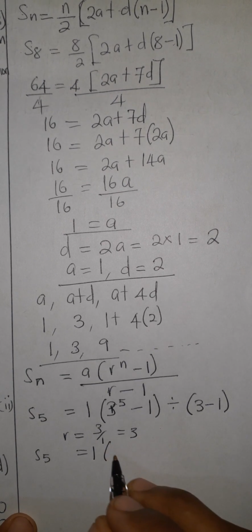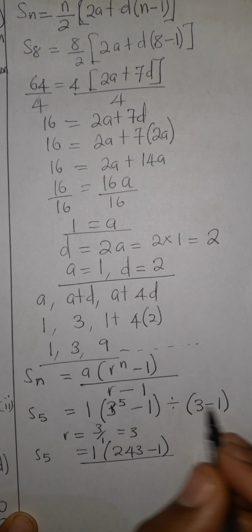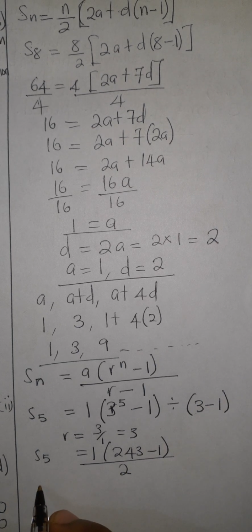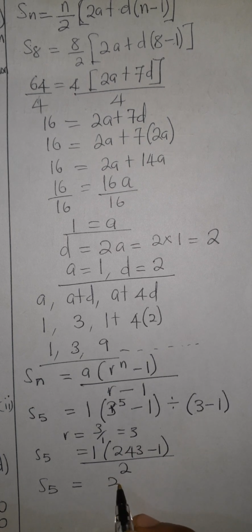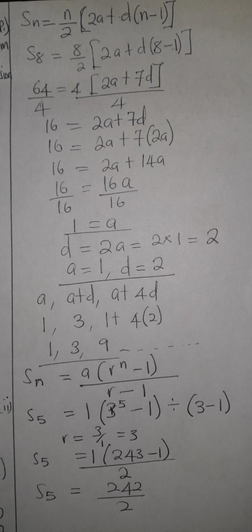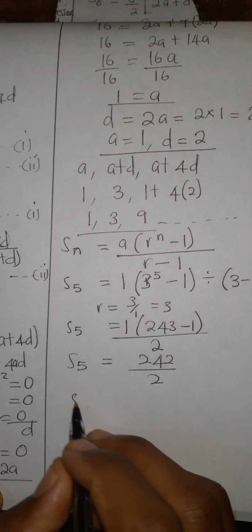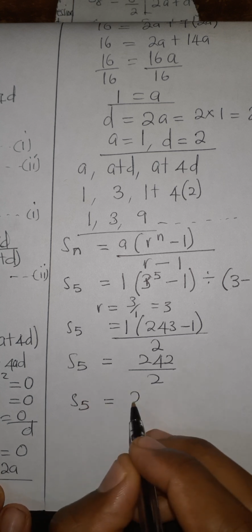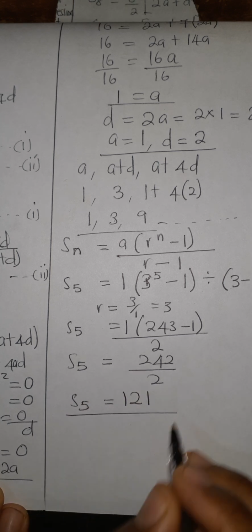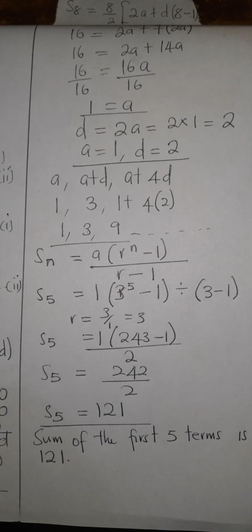So it is bracket 243 minus 1, over 3 minus 1 which is 2. So 243 minus 1 is 242 over 2. You can see that is 121. So the sum of the first 5 terms is equal to 121.